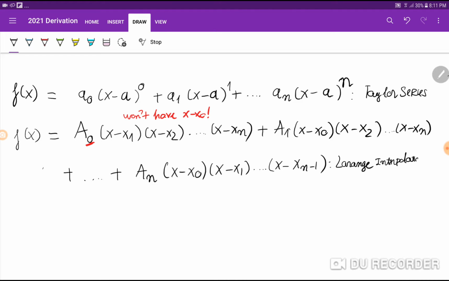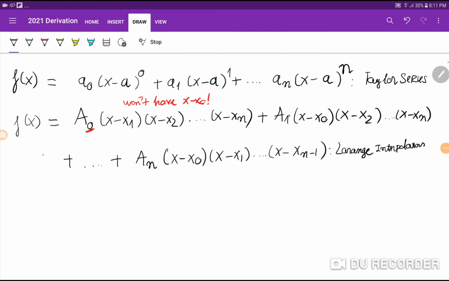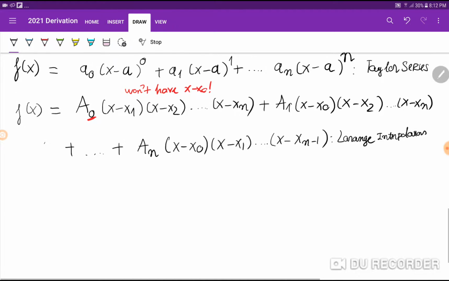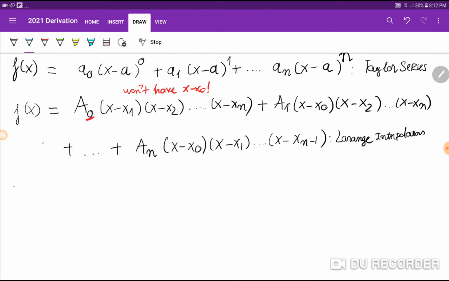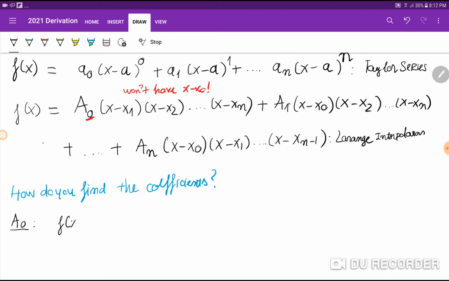So how do you find the coefficients A0, A1, A2, A3, A4, all the way to An? To find A0, what you do is compute f(x0).